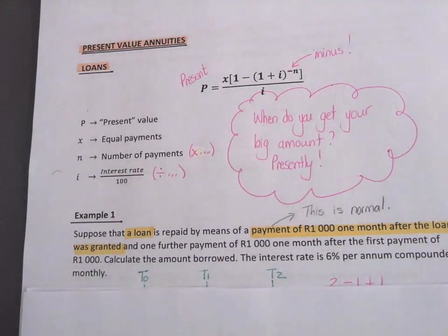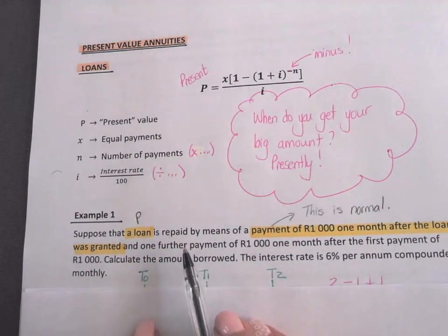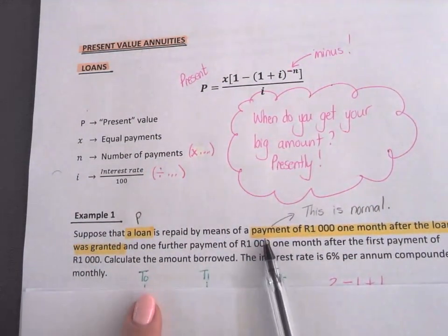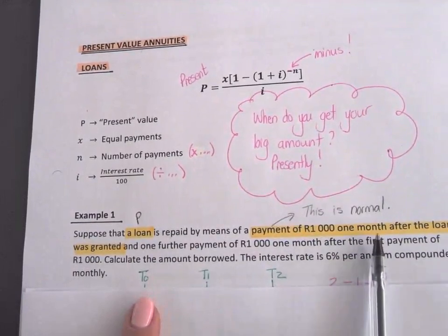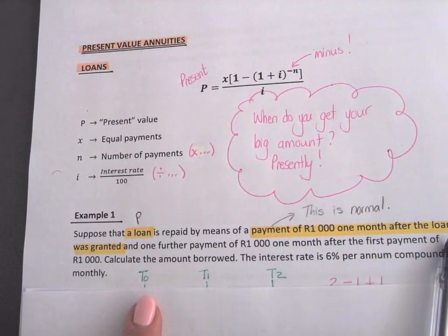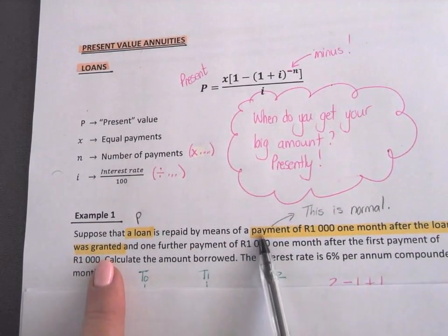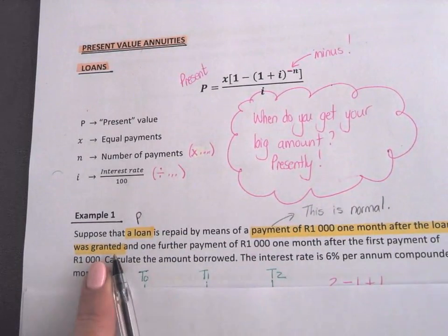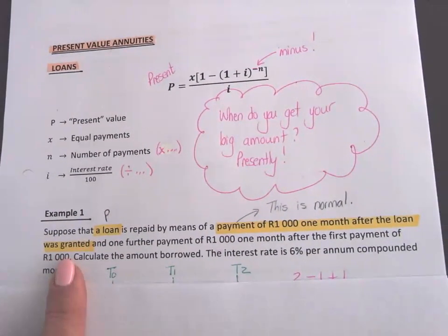They say, suppose a loan. If you see the word loan, you immediately know I'm going to use the P formula, the present value formula. Is repaid by means of payments of R1,000, 1 month after the loan was granted. This piece that I highlighted in yellow is normal.